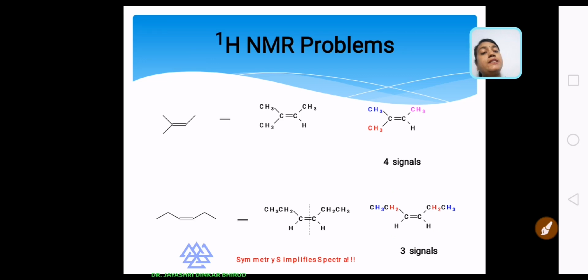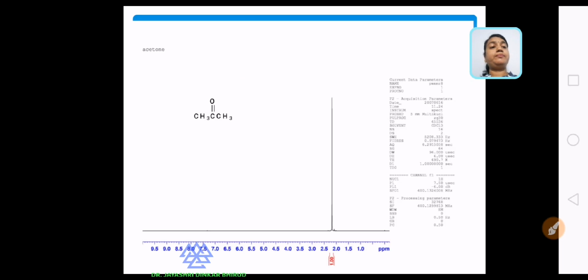So considering symmetry while evaluating the number of signals is the most important criterion. Symmetry simplifies spectra. This is the more important word here while evaluating the number of signals. See here, acetone.